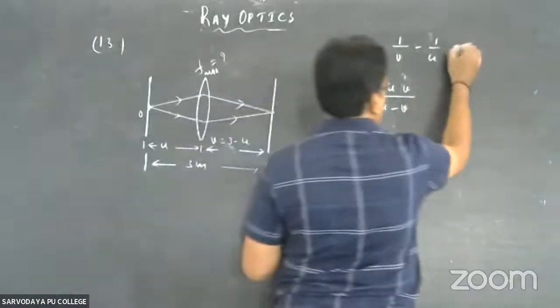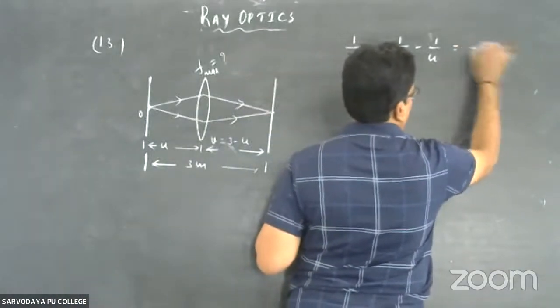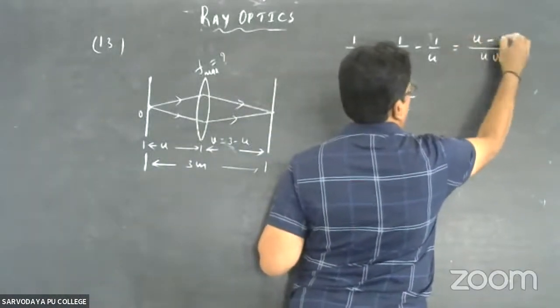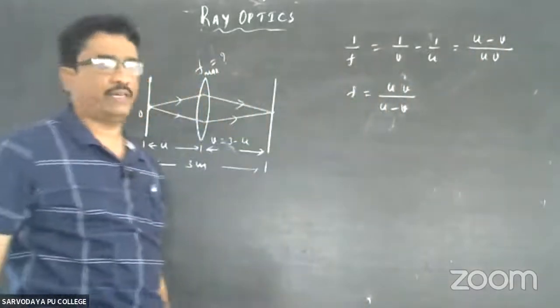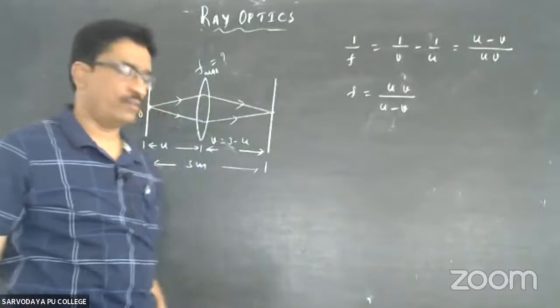Practically it becomes more clear. Here comes u. Therefore, f becomes equal to uv by u minus v.